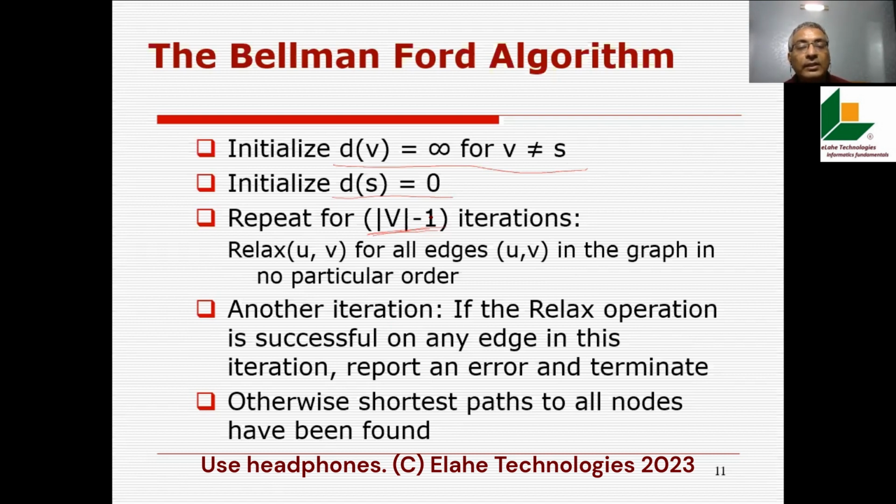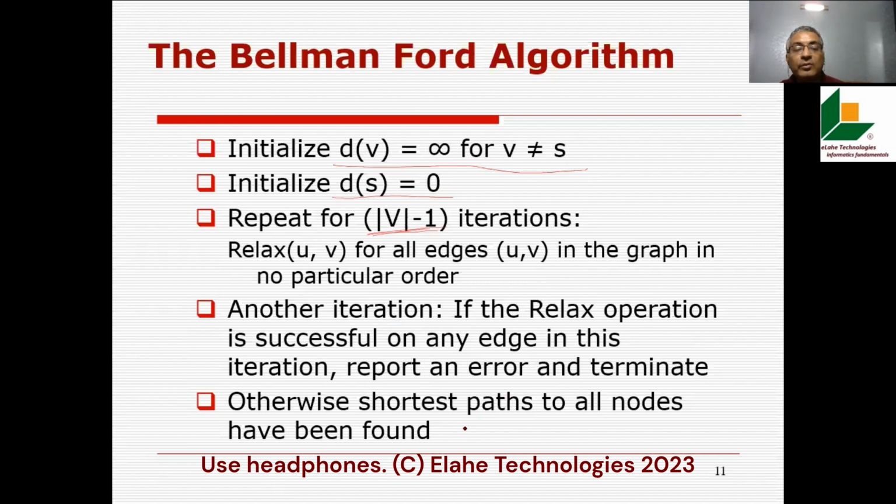There is also another iteration of Bellman Ford at the end. If the relax operation is successful on any edge in this iteration, we report an error and terminate. We'll discuss why this error and what its significance is. Otherwise, the shortest paths to all nodes have been found, meaning from S to all nodes.